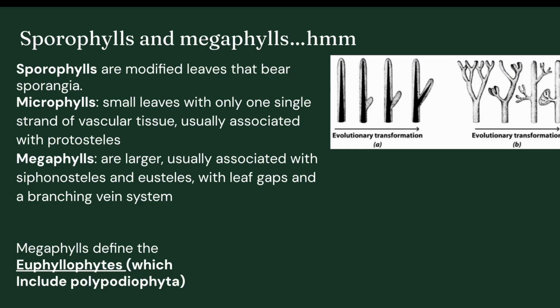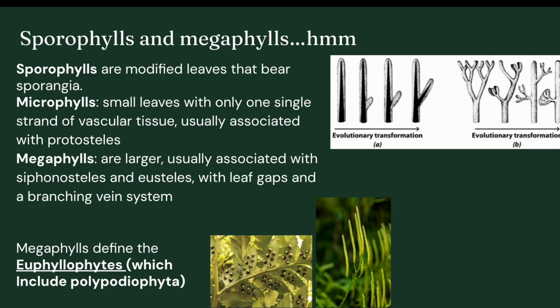Okay, so here is an example of a microphyll and how it could have arisen as an offshoot of the protostele. It is theorized that megaphylls arose out of the combination of branching stems, and when a leaf forms around it, it creates that branching vascular structure.